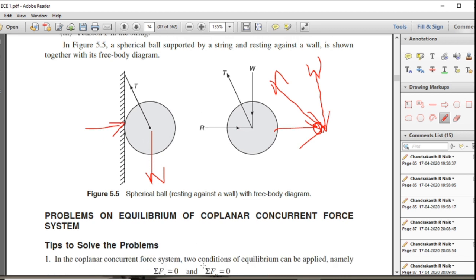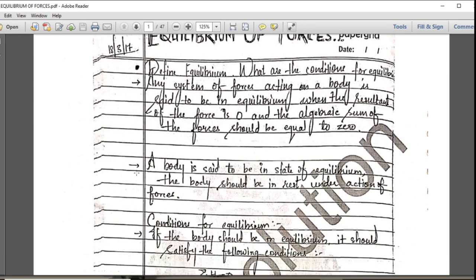So this was about the free body diagram. Another example I will show. Before that, define equilibrium. What are the conditions for equilibrium? These may be possible questions.